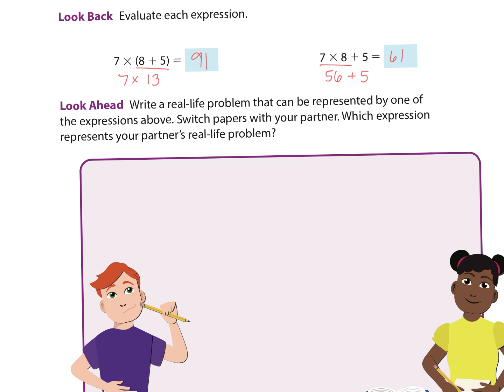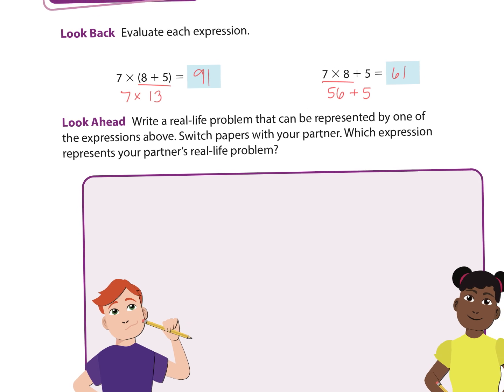So what this would mean is I would have 8. This is going to represent my oranges. And then I have 5. This is going to represent my apples. That's right.